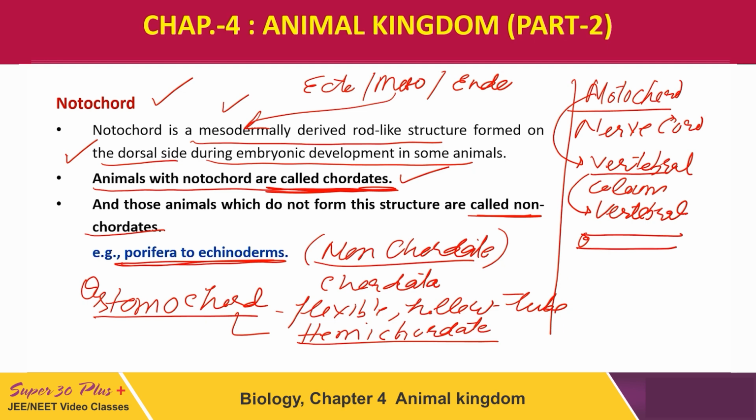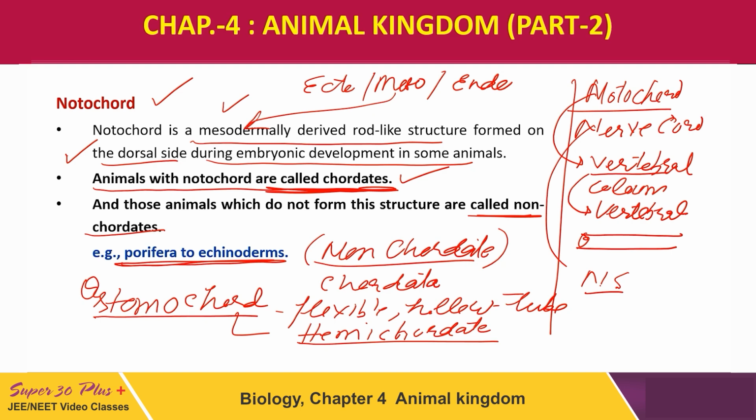So we should not confuse notochord with the nerve cord. Notochord is a supporting structure, part of the internal skeleton, while the nerve cord is part of the nervous system. This is part of the skeleton, which will develop into the vertebral column in some of the animals.